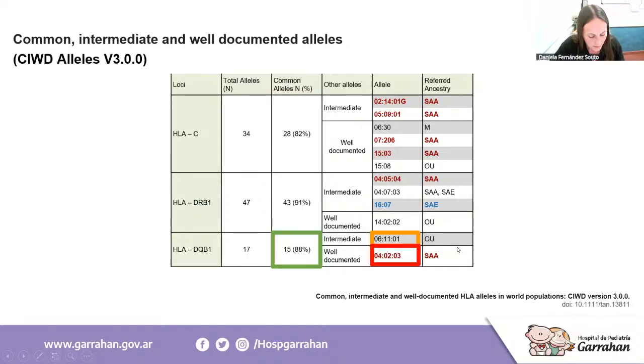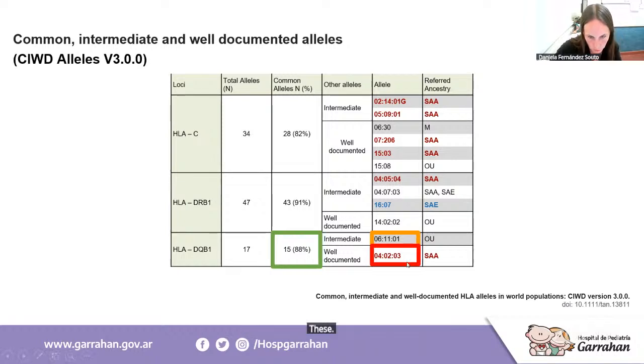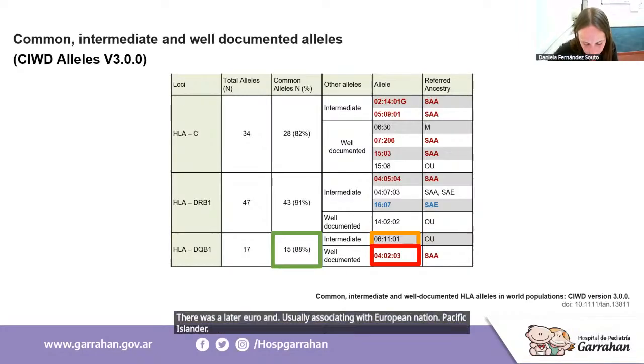For DQB1, which is less polymorphic, we found only 50 common, 1 intermediate, and 1 well-documented allele. The latter, usually associated with European and Asian Pacific Islander ancestry, was detected in the Amerindian group.